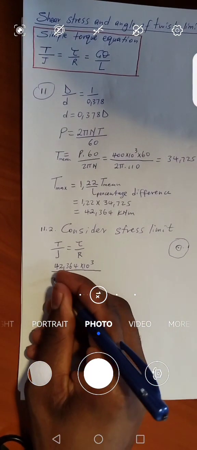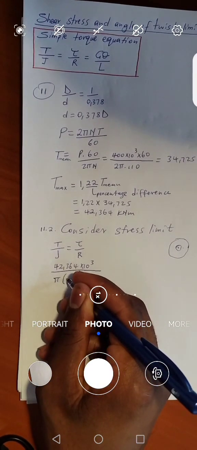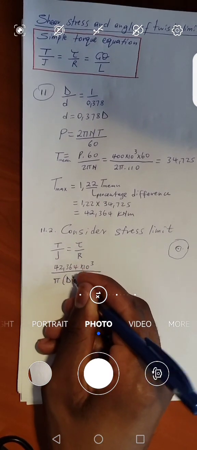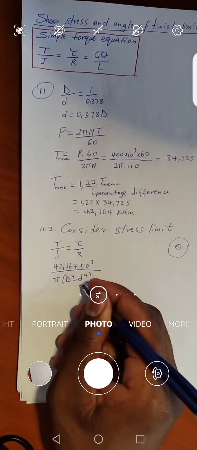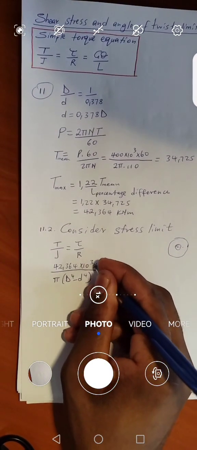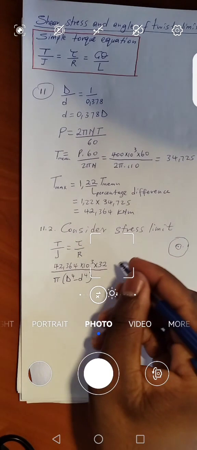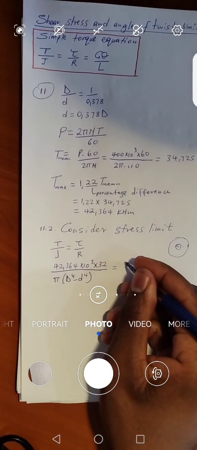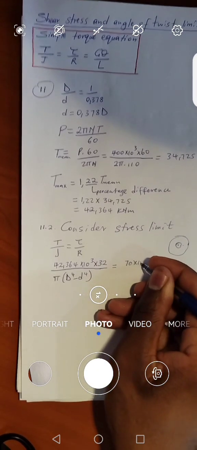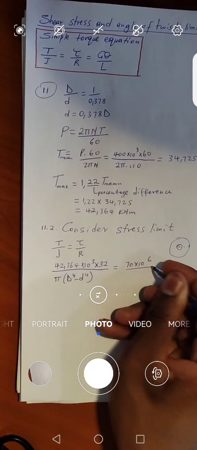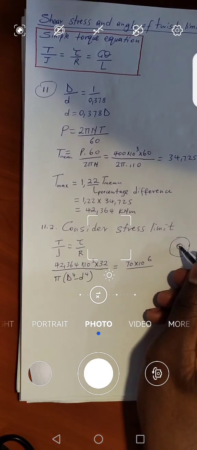J for a hollow shaft is pi, D to the power 4 minus d to the power 4, over 32, but that 32 you can put here. This equals shear stress, which is 70 MPa, over R. R, as I've said, we use the outer diameter divided by 2.